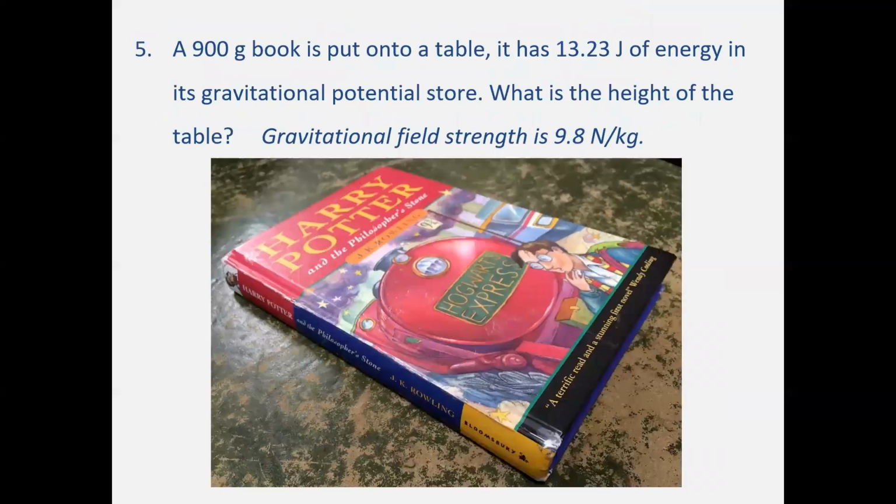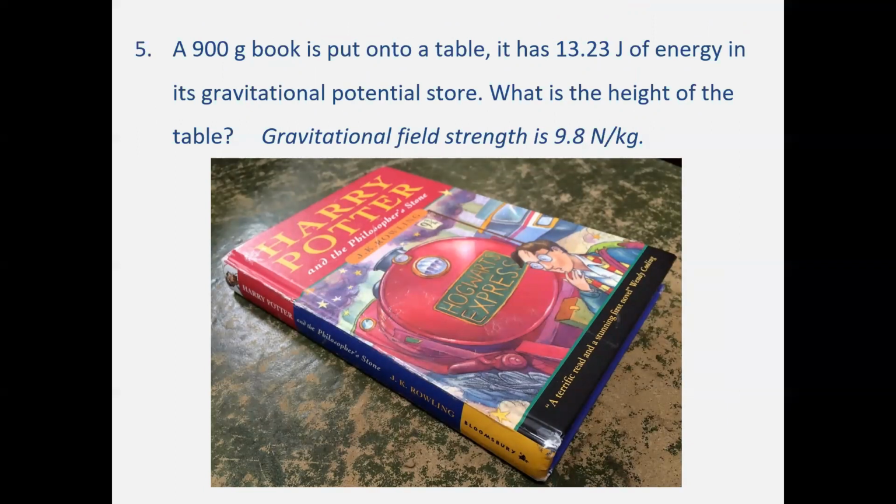Now the final question, question 5, this one again is more difficult because they're asking you to use the formula triangle and you're going to have to rearrange the equation to find the height. And the second thing that makes this question slightly more difficult is that you have to do a conversion.